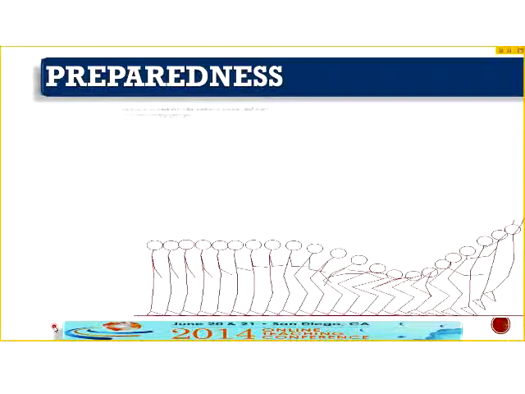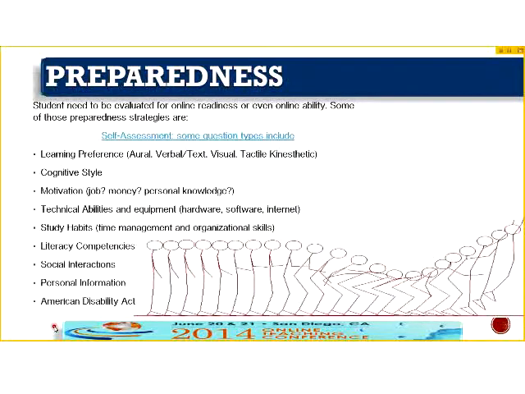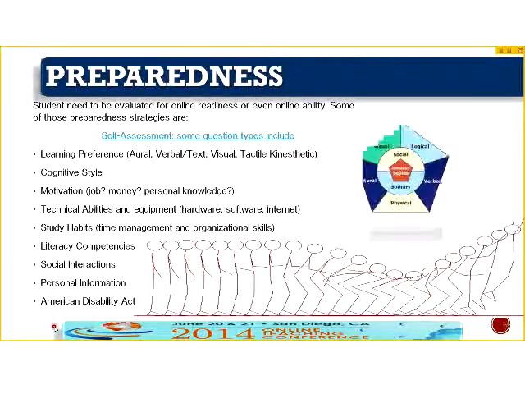So let's go a little bit more with preparedness and talk about how students need to be evaluated for online readiness and online ability. Those are two very important things, readiness and ability. Some students don't have the aptitude to learn online. So here are some things that can work with these self-assessments, and some of the question types include some of the ones here.